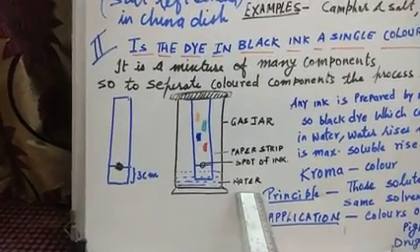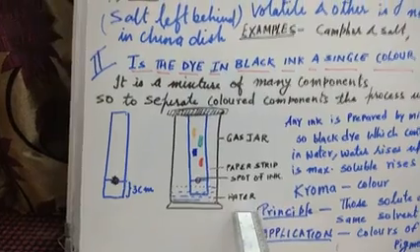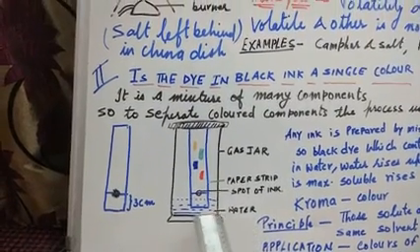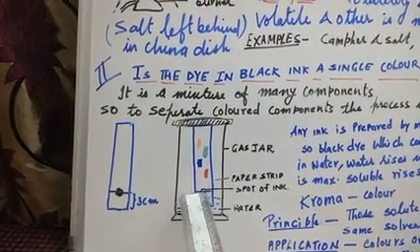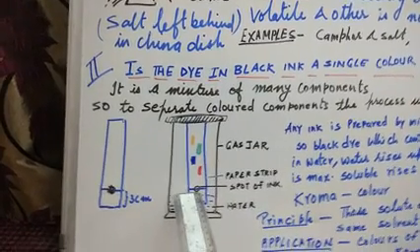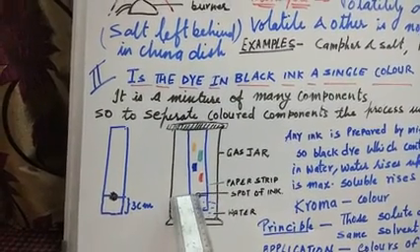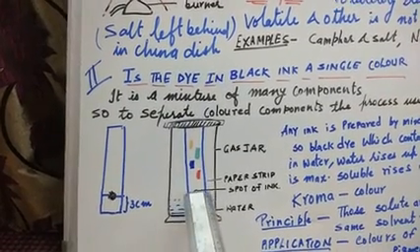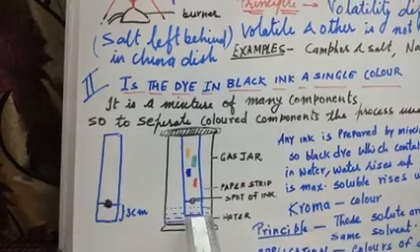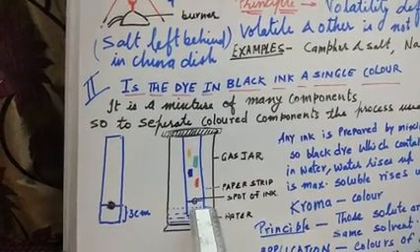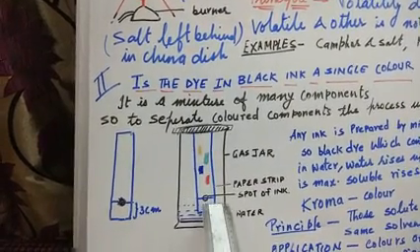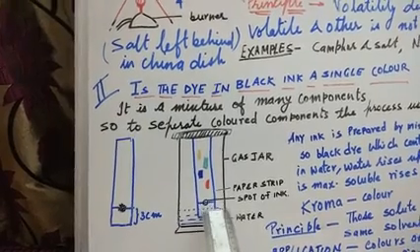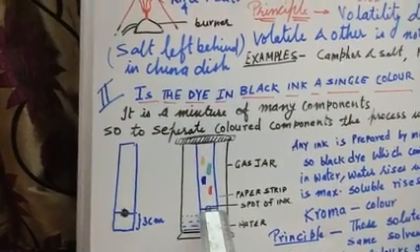Here we can take alcohol, or acetone also, keeping in mind that the spot of black colored ink should not get immersed in the water. It should be slightly above the water level. Here we are taking this much water only, students. इतना पानी है, ड्रॉप उससे ऊपर है, डूबा हुआ नहीं है.